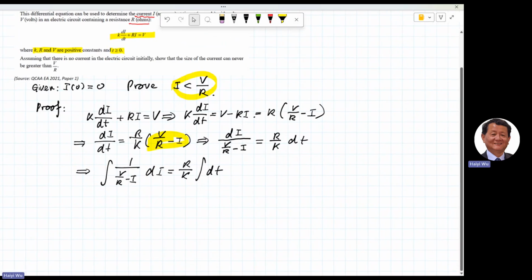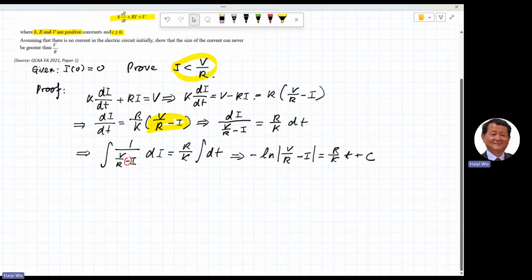So the left-hand side becomes the logarithm. But it has to be negative because there's a negative sign here. So therefore, I'm going to write negative log of the absolute value of V over R minus I equal to the right-hand side, R over K t plus C. Now we're going to decide what C is.